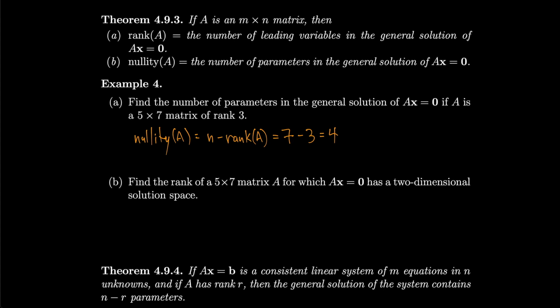Next, let's find the rank of a 5 by 7 matrix A for which Ax equals 0 has a 2-dimensional solution space. Well, the rank of A is equal to n minus the nullity of A, and again, the number of columns is 7 minus the nullity, which they said is 2 because it's a 2-dimensional solution space, so the rank is 5.